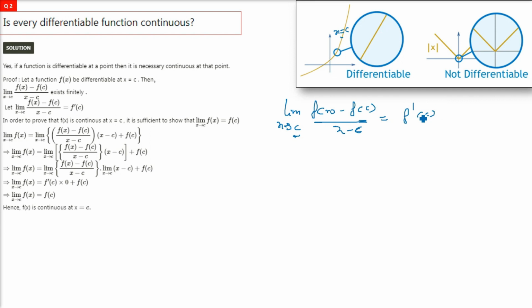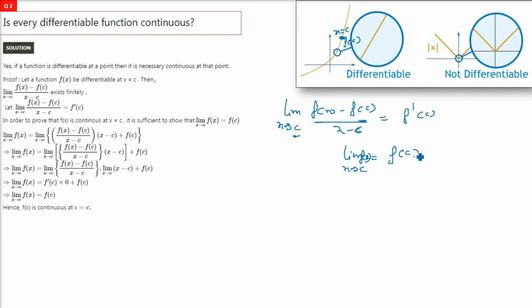Okay. So, in order to prove that f(x) is continuous at x equals c, which I have just taken in that left-hand graph, it is quite sufficient to just show that limit x tends to c f(x) is equal to f(c). If you put the value of c in f(x) and you get a value f(c), then it is continuous.